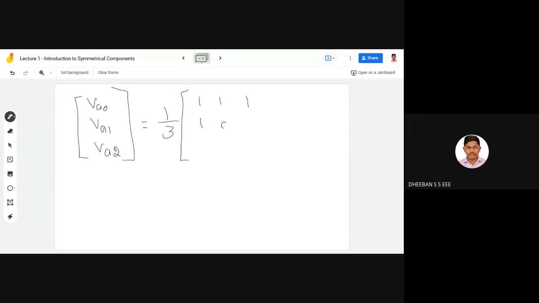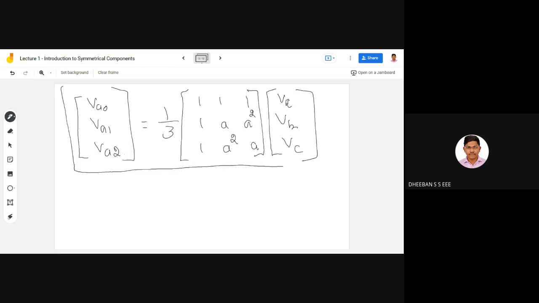So this will be 1 1 1, 1 a a square, 1 a square a, into the unbalanced voltage VA, VB, VC. So this is your approach, the final value of converting your unbalanced voltages to balanced voltages.